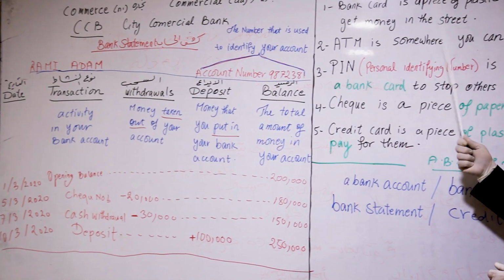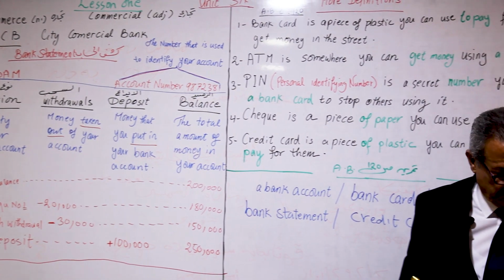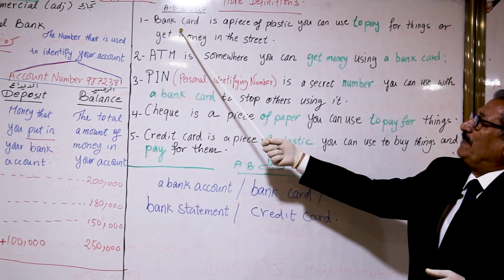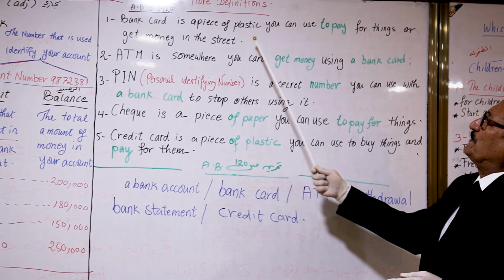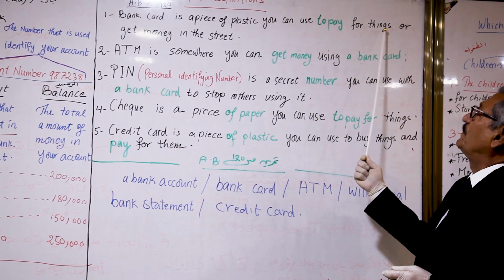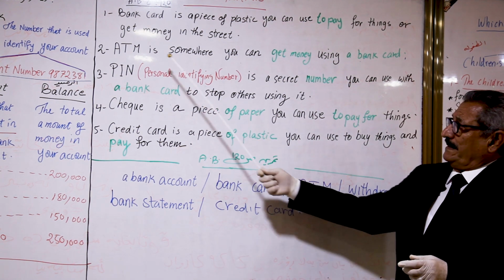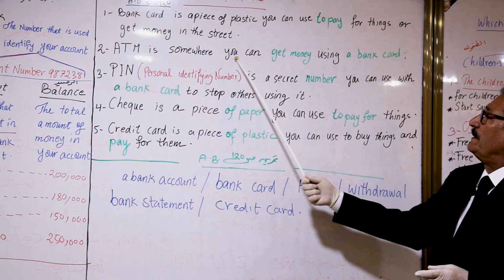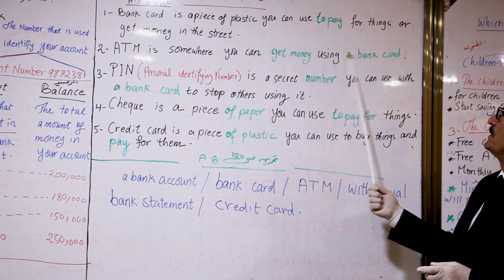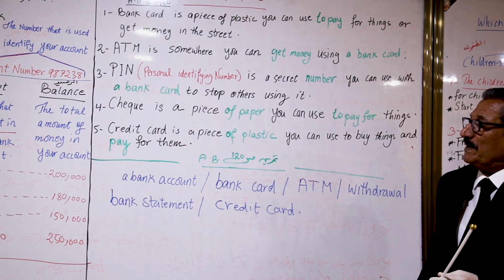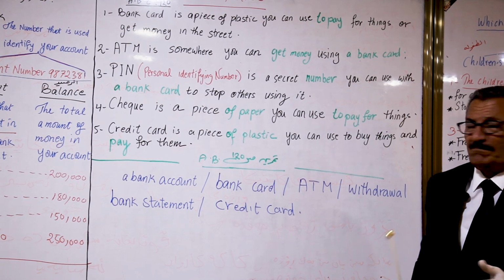We add more definitions to lesson 1. We have an exercise. Bank card is a piece of plastic you can use to pay for things or get money in the street. ATM is somewhere you can get money using a bank card; a machine you can withdraw cash from.